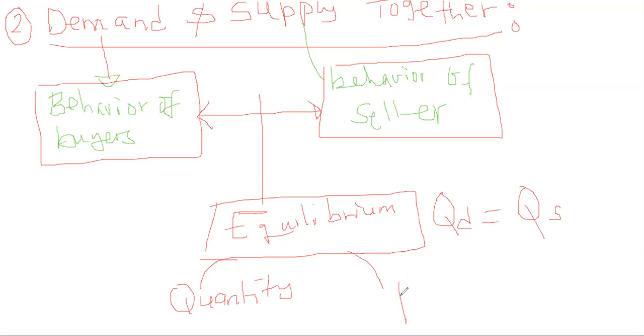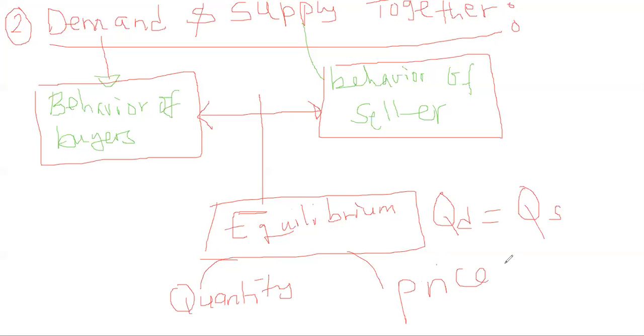and also the equilibrium price. So equilibrium is just a situation whereby the quantity demanded, that is how much the buyers want to buy, is equal to how much the sellers want to sell. So it's a situation in a market where quantity demanded is equal to quantity supplied. And at this price, we call it the equilibrium price.